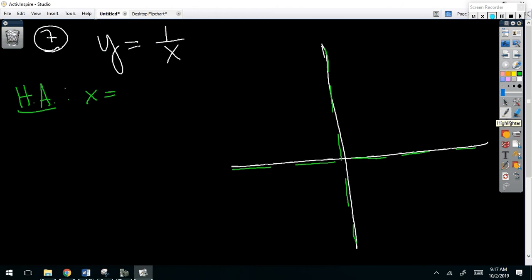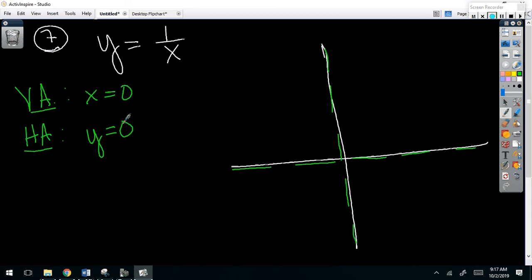So x equals 0 is the vertical asymptote. For the horizontal asymptote, it is bottom heavy, so y equals 0 is my horizontal asymptote.